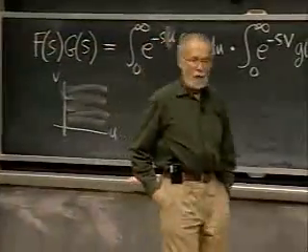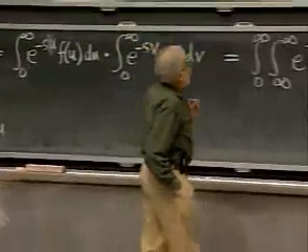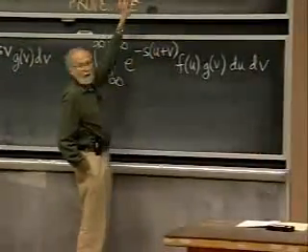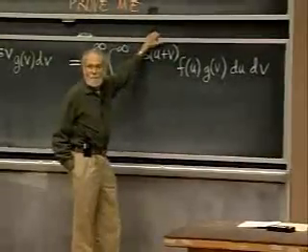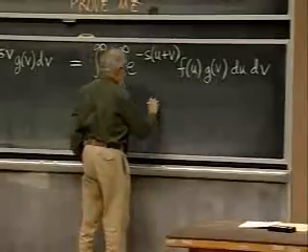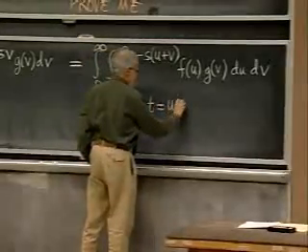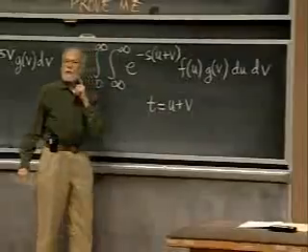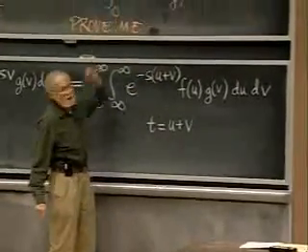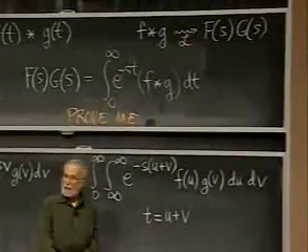Now, let's take a look. What are we looking for? Well, we would be very happy if u plus v were t. Let's make it t. In other words, I'm introducing a new variable, t, equal to u plus v, and it's suggested by the form in which I'm looking for the answer.